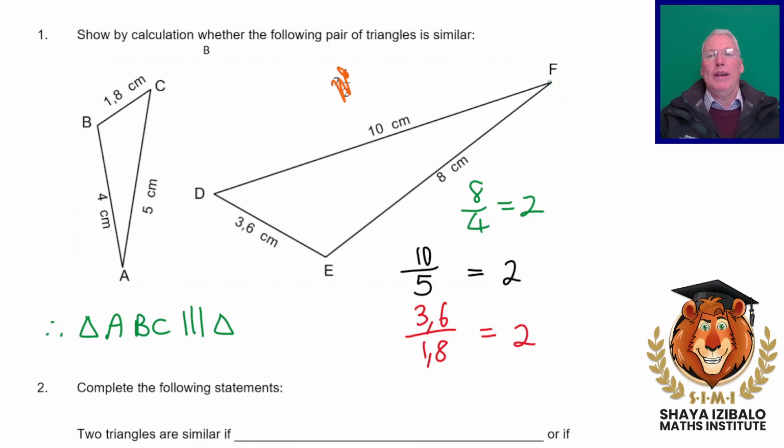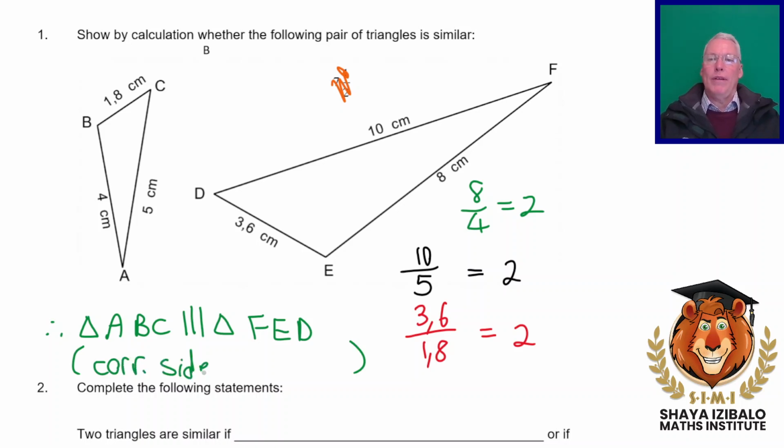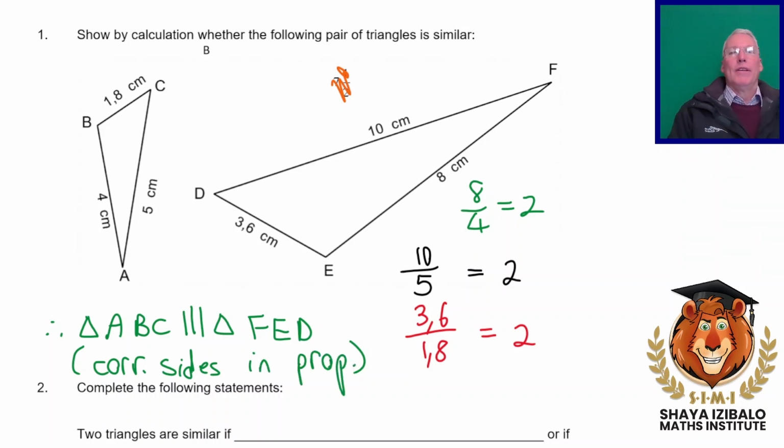In fact, we're going to go FED, triangle FED. Okay, and the reason for our similarity, and this is really, really important, is that the corresponding sides are in proportion. Okay, right, so that's question 1.